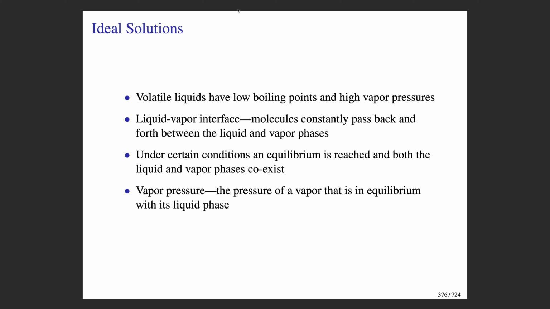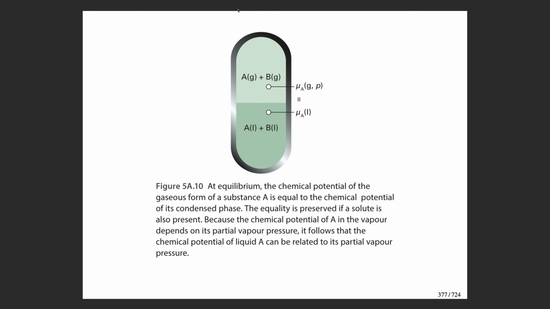And if you've got enough liquid in the container and a small enough volume, then the two can come to equilibrium, and that's what gives us the vapor pressure. And so what this diagram does is it illustrates the case for when you have two components. So now we're considering a solution, A and B, components in both the liquid phase and in the vapor phase.